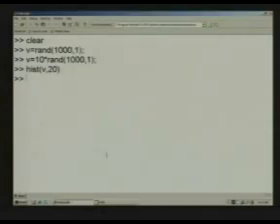Suppose somebody asks you to generate uniformly distributed random numbers between -1 to +1. First of all, the range was 0 to 1, and now the range is from -1 to +1, so that is 2. Therefore, the first thing you have to do is clear all, then v is equal to 2 times rand.